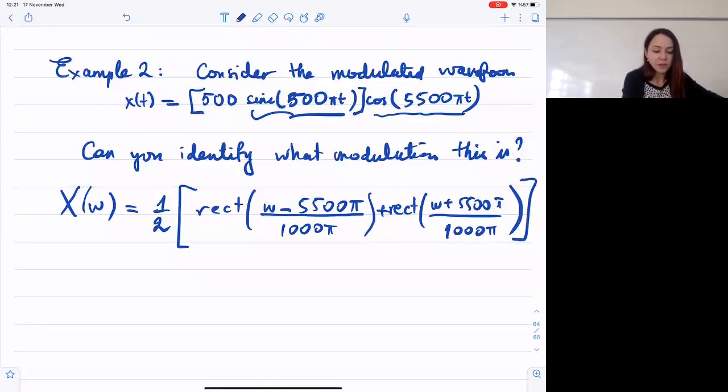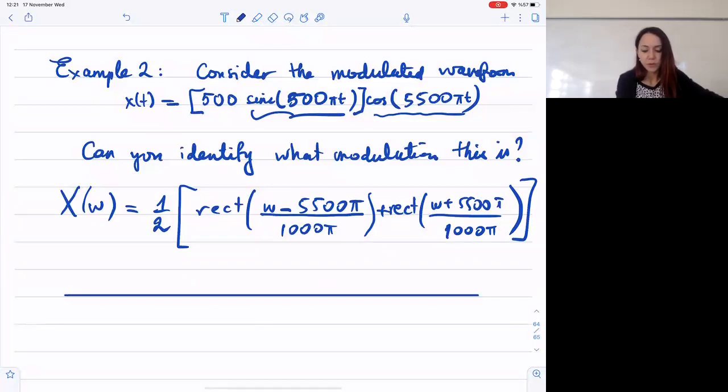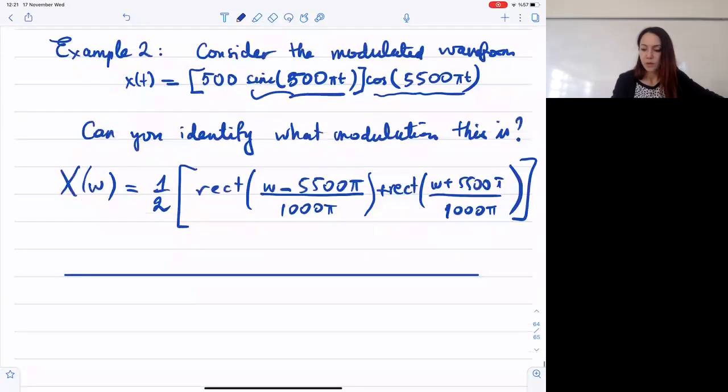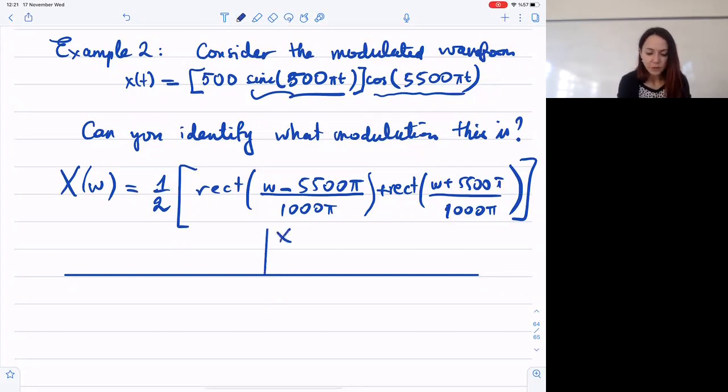So let's sketch this. Let's see how it looks. So this is X of W as a function of W. And this is 5,500 pi, negative 5,500 pi.